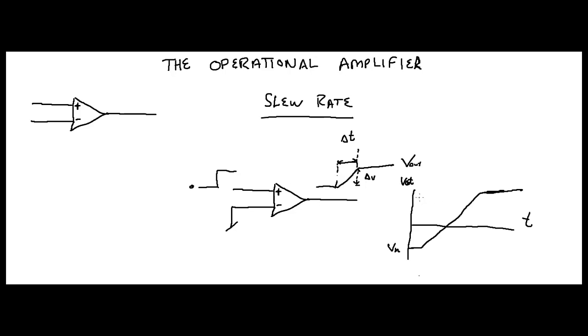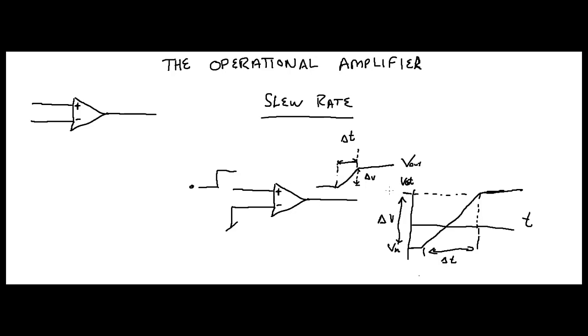All right. So your delta T that you're interested in is right here. That's your delta T. Your change in voltage, suppose this is your final voltage over here, is going to be this value.